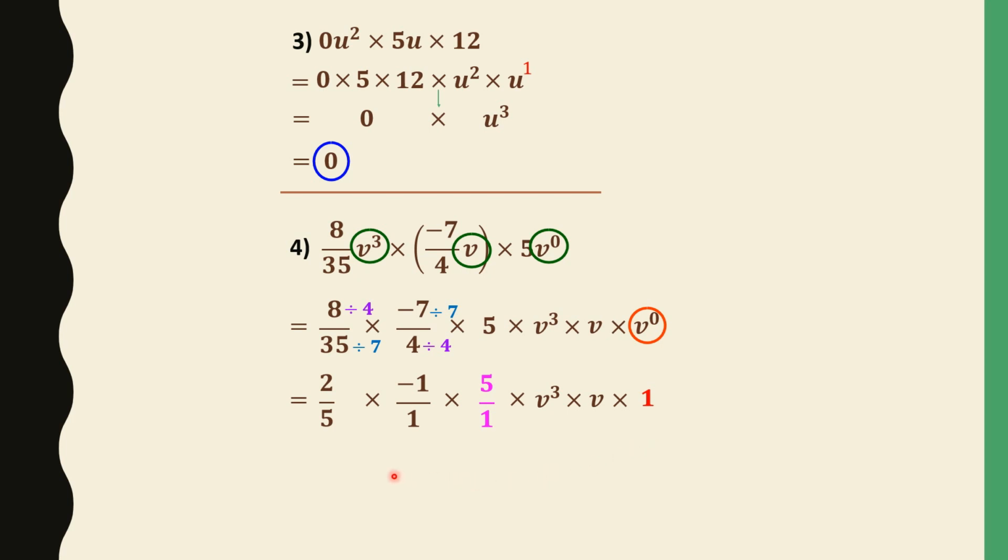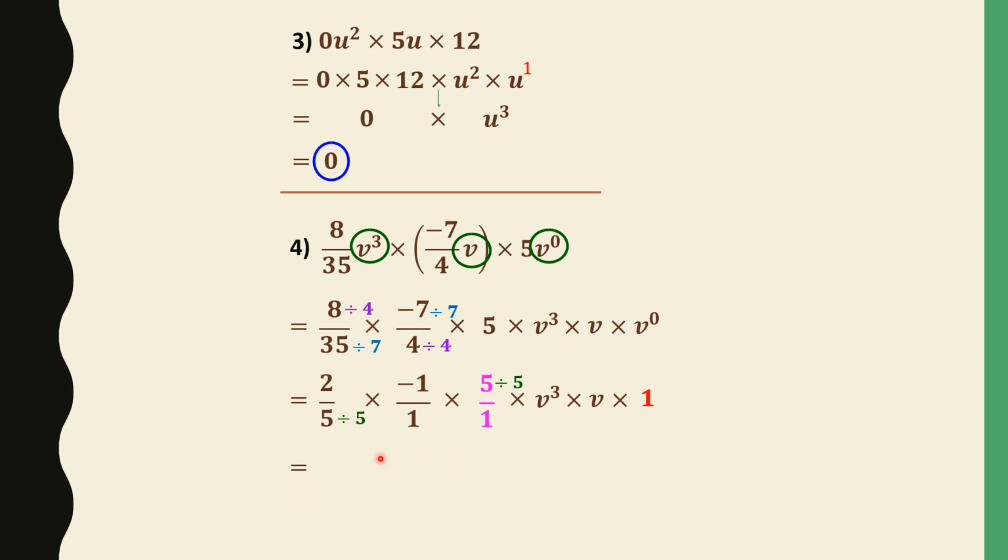Now let's continue. Here we also check if we can simplify. As we said, we can simplify any numerator with any denominator as long as we have the sign times between the fractions. Here 5 and 5, we can simplify them by 5. And we cannot simplify the other numerators or denominators anymore.